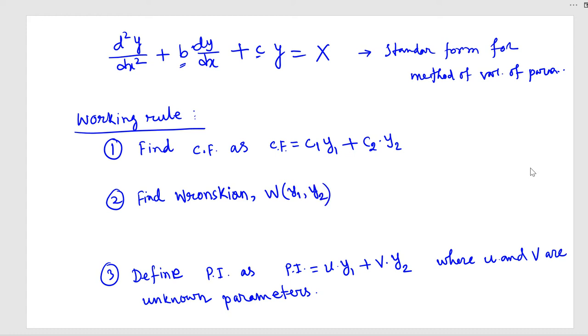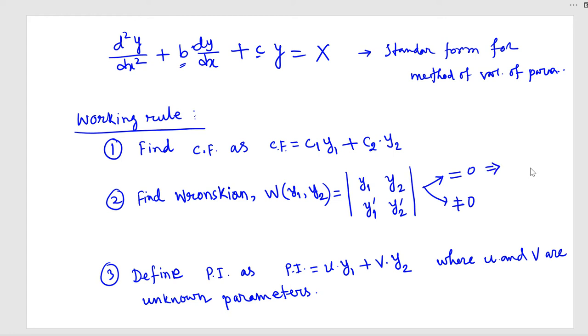This Wronskian concept is useful to verify whether two functions y1 and y2 are independent: you take their derivatives, and the determinant is found in this form. Find the Wronskian. Okay, it can be 0, it can be non-zero.